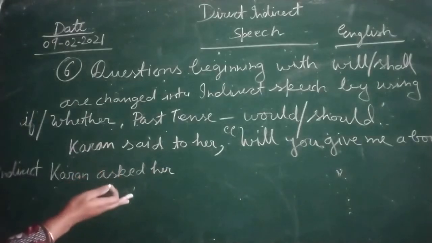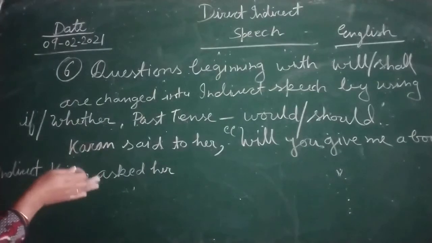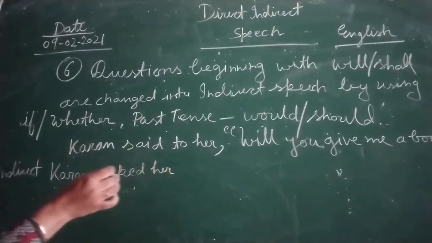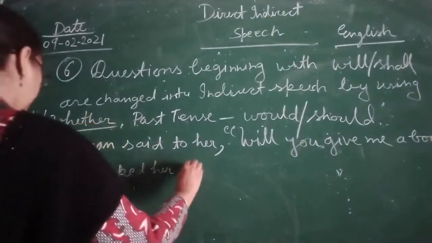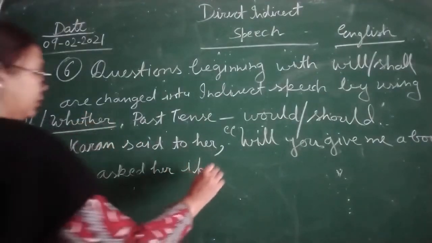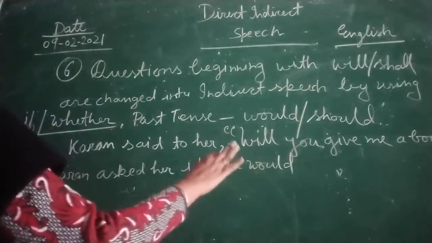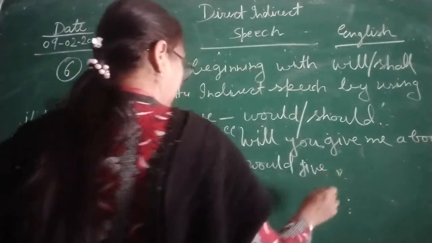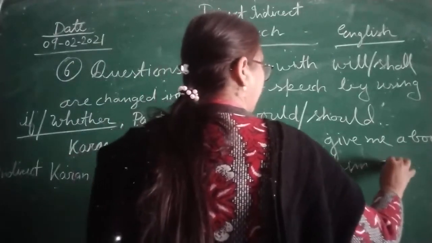Will is there, so we will use whether and if. Okay, whether and if, and after that will and shall change into whether and if. So we will write over here: if she would give him a book.